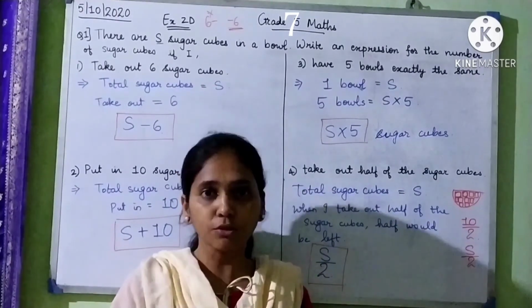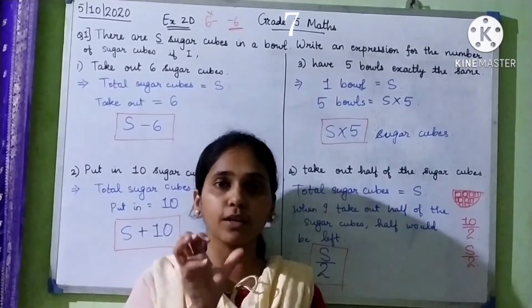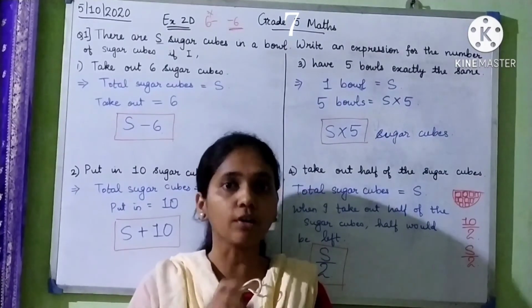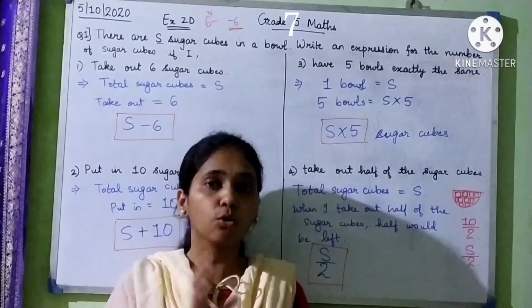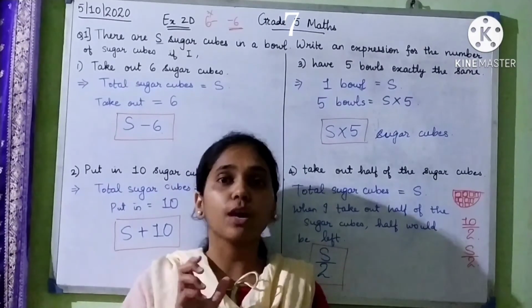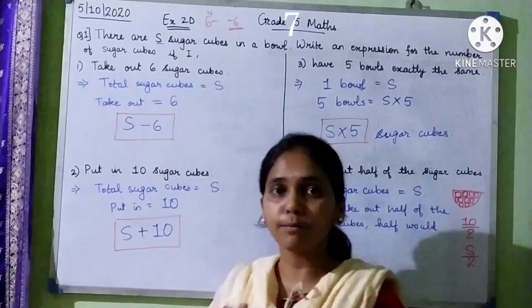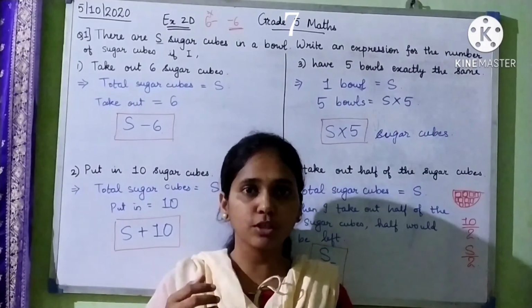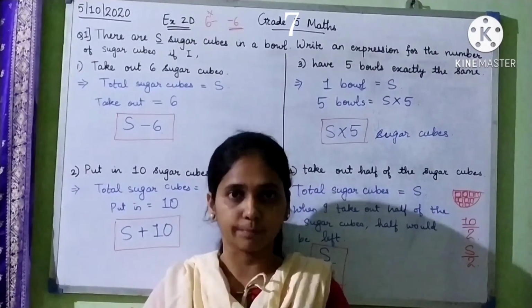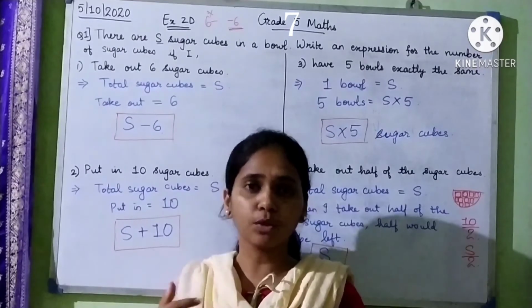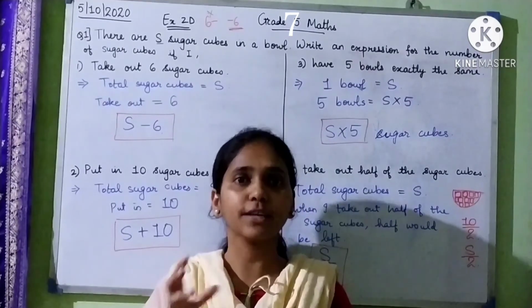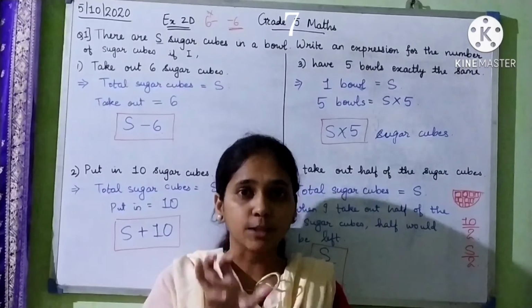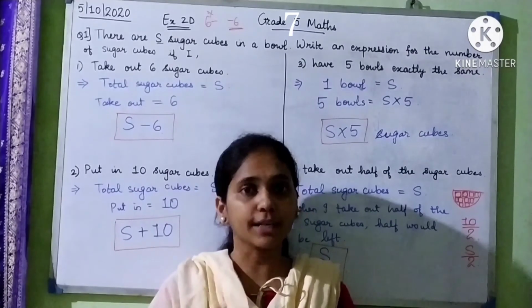And if the framing of the expression goes wrong anywhere, the whole sum goes wrong. So you have to be very careful when you frame the expression, because once the expression is framed, we are going to use it further. If we solve it further, the expression which you have framed has to be correct.